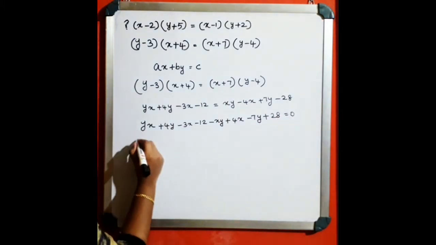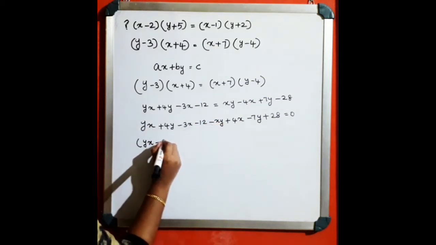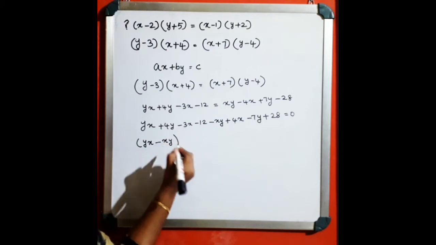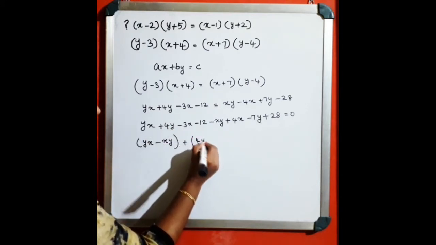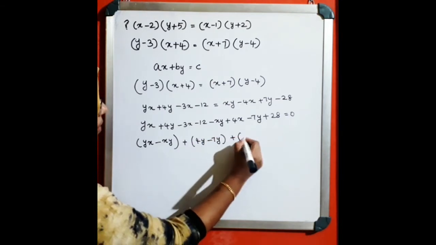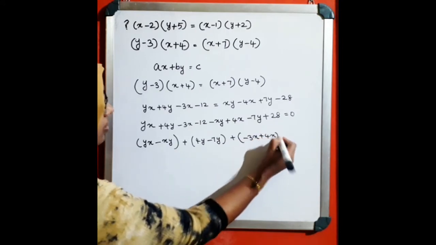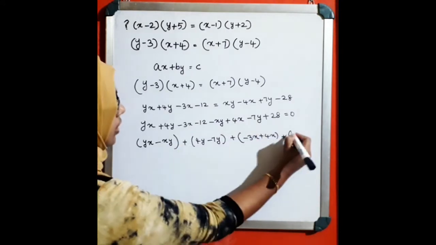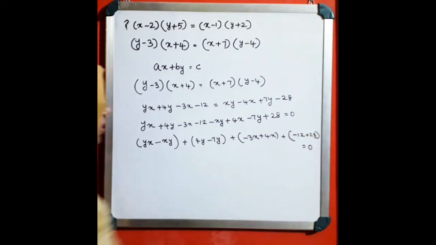So it becomes yx minus xy, yx is also same as xy, plus 4y minus 7y plus minus 3x plus 4x plus minus 12 plus 28 is equal to 0.